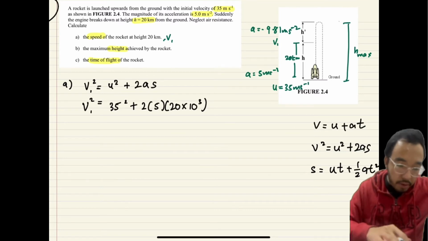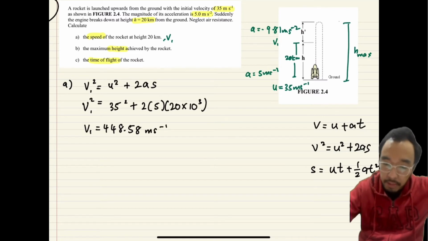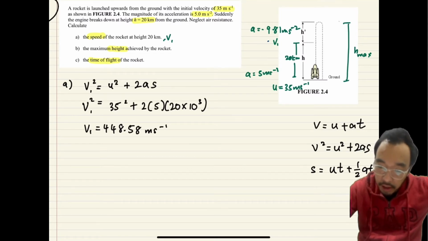Okay, don't forget to take the square root. I got here V1 is equals to 448.58 meter per second. Okay, you can write down up until 2 decimal places. Okay, that one is over here. So we already have the value of V1.